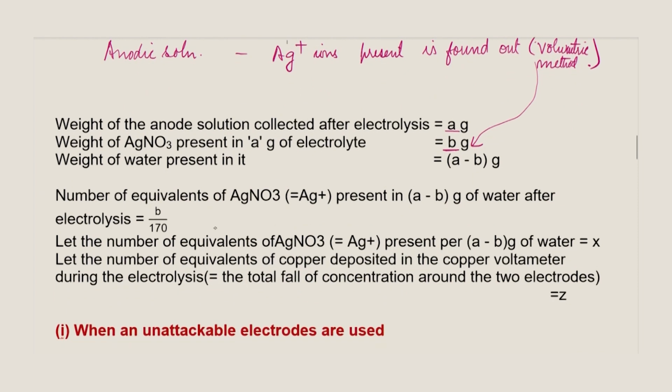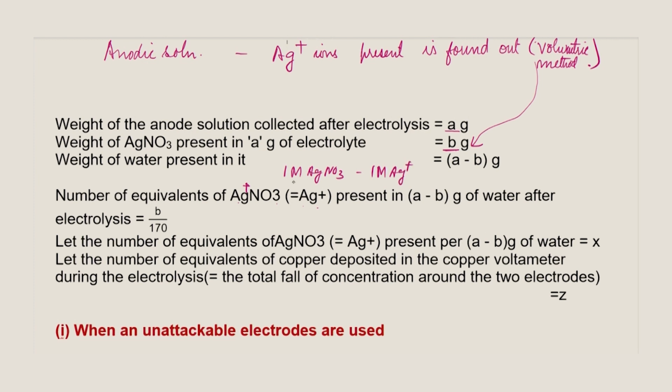Now, we have to find the number of equivalents of silver nitrate, which will be equal to the number of equivalents of silver ions, because silver nitrate contains only one silver ion. Therefore, if I have taken 1 molar silver nitrate, I will have 1 molar Ag plus ions.